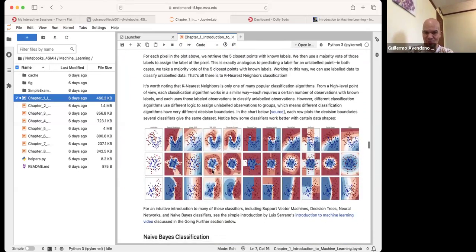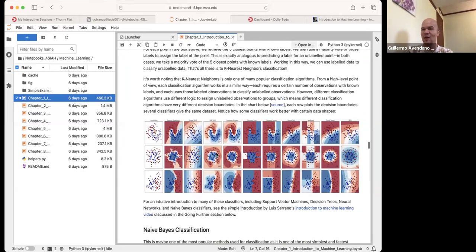Another thing that I'm doing, for example, is there are several ways of classifying those, and here is a very, very tiny delta, unfortunately. But I think if you click on the image and expand it... I will not do it here. There are different methods for classification, and some of them are better or worse depending on the structure of the data.